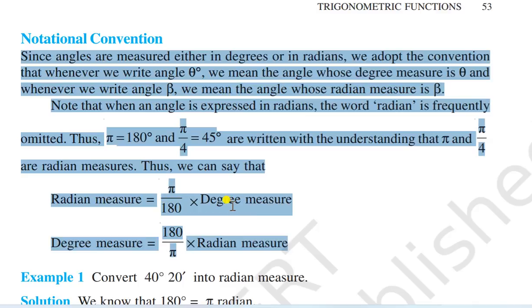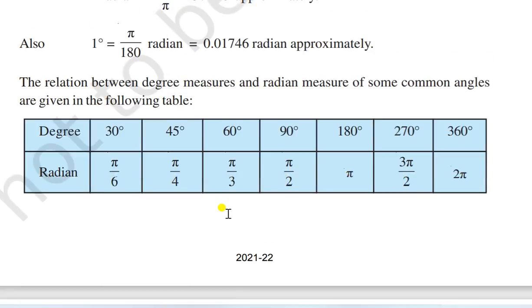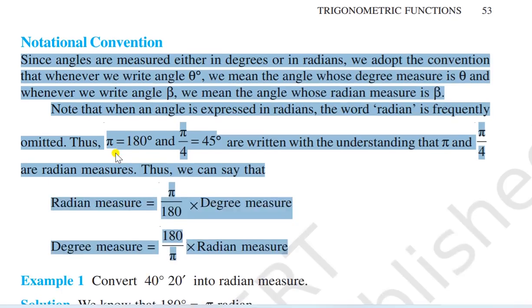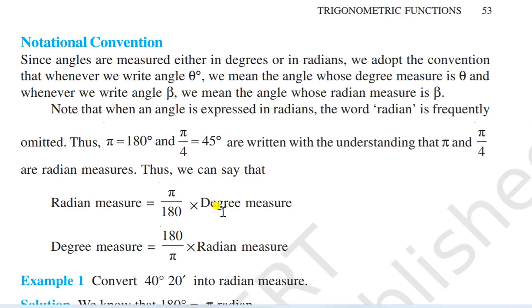So 180 by pi is the ratio of 1 radian. So, whenever we have any degree measure, it'll be 1 radian into the degree measure.